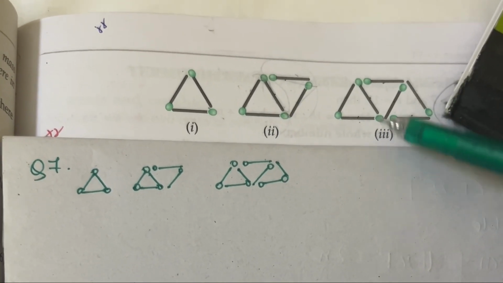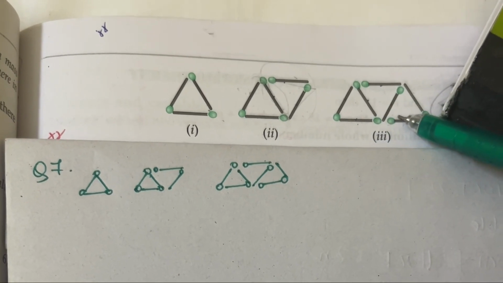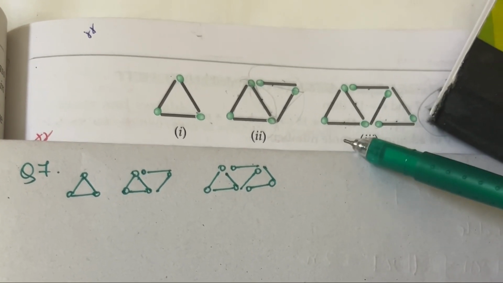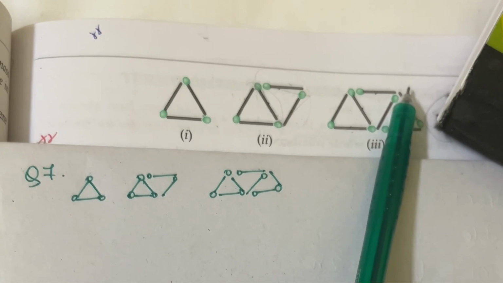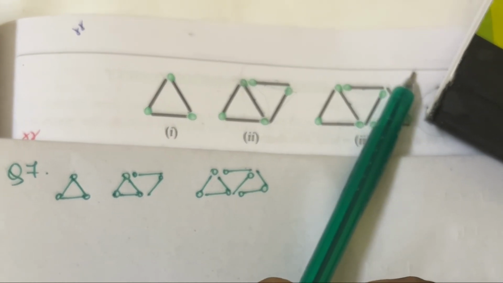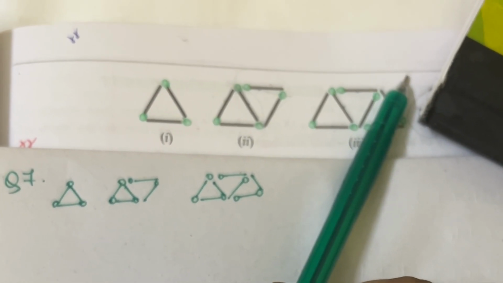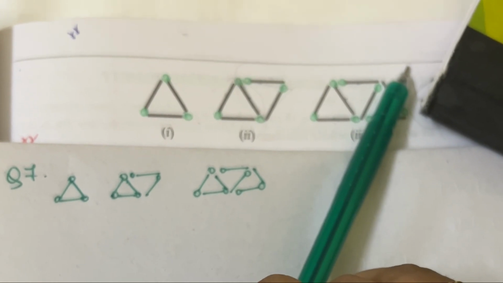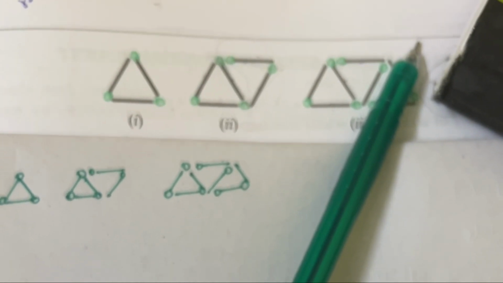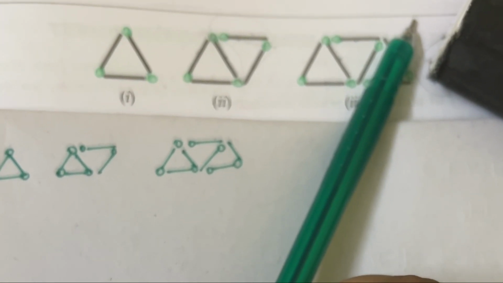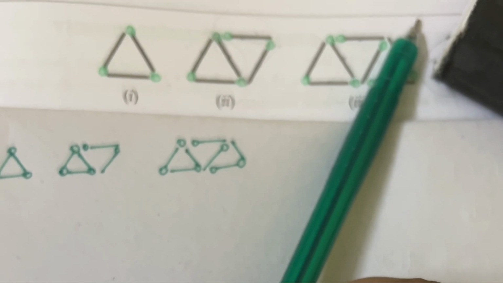Same way for the third one, there are three equilateral triangles, and in this case we are going to consider these two at first. See, there are the two and the third looks quite the same, and they have one matchstick in common.